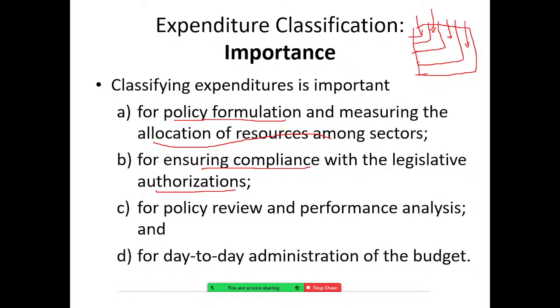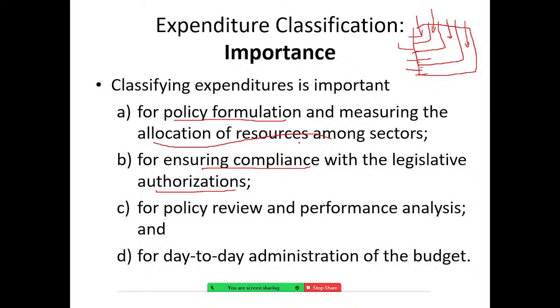The Auditor General's department will also come and check the audit of the government documents, government expenditure. So for that purpose, they want a proper classification of expenditure, to ensure the particular institution spends money according to the budget, according to their allocations, according to the provisions.